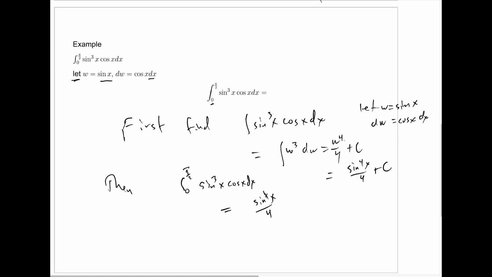Remember, we can just take any antiderivative, so we can just ignore the c. In other words, think of it as 0. From 0 to pi over 2, and get the answer of 1/4. And we should separate that a little better. So you have two choices. Change the limits properly, or write very clearly that first you're finding the indefinite integral, then you're using that to find the definite integral.